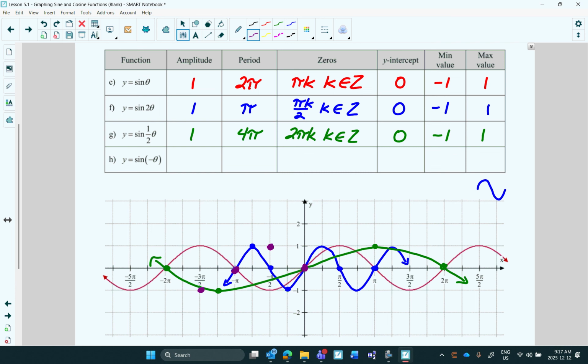This one flips over to here. And then I can go into the negatives and do the horizontal flipping. So this one flips over to here. This one flips over to here. This one flips over to here. So it looks like this.